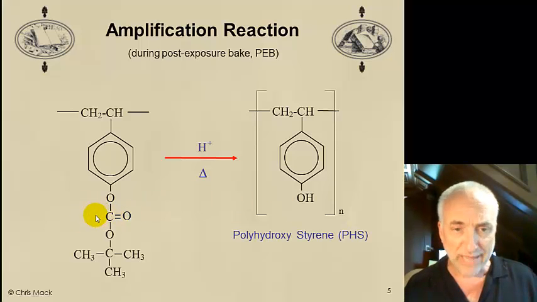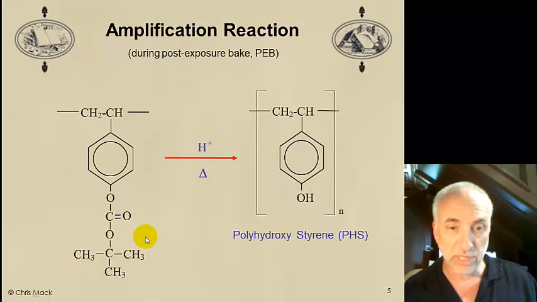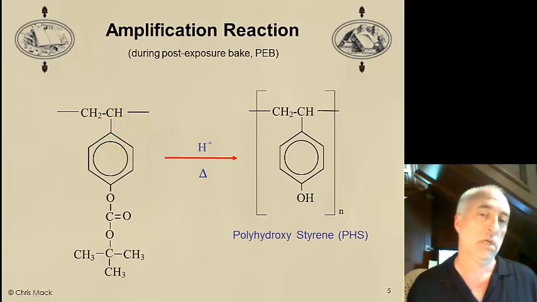So, back to the blocking. So we need to block this OH group with something, and this TBOC blocking agent can do that. You can see it reacts with the oxygen instead of the hydrogen, and this blocking group renders the polymer insoluble.